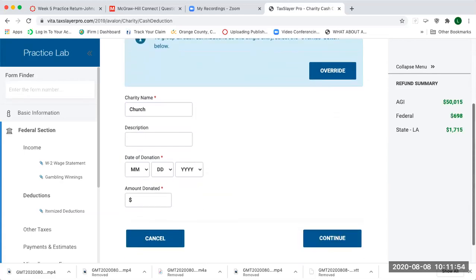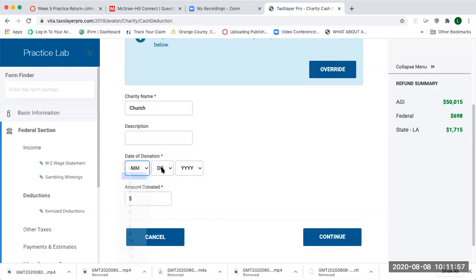We're just gonna have to make one up. Again, date of donations, we're just gonna put 1/1/2019. Amount donated was 5,400. I'm sorry, it's 450. Okay, so we're gonna click continue.